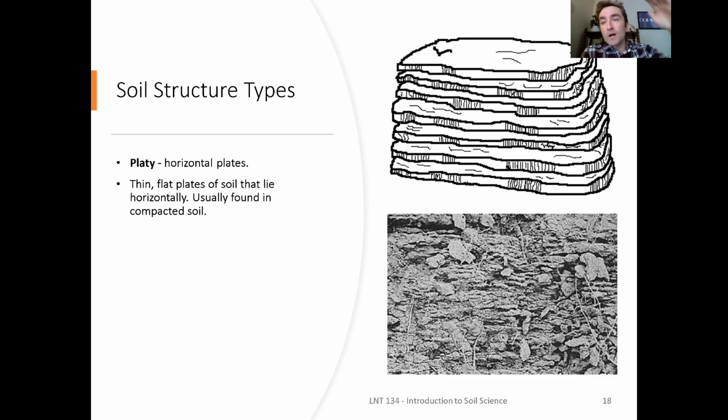And if you compact the soil, you're not necessarily going to make this. But what will happen is, if this is naturally present, that soil is going to be very compact. And it's also going to be difficult because as water flows, it's going to tend to run off instead of go down. So this platy structure is another difficult one for you to have to work with.